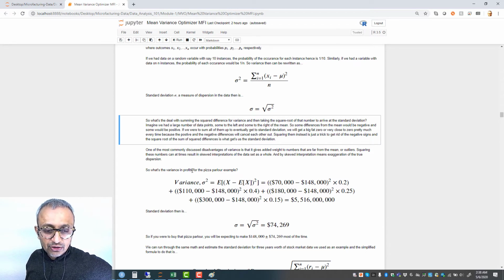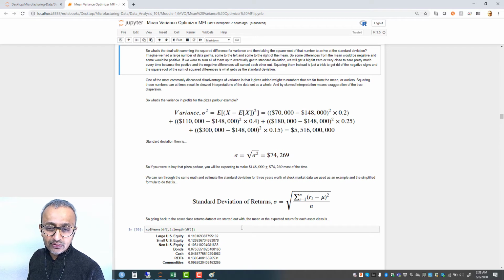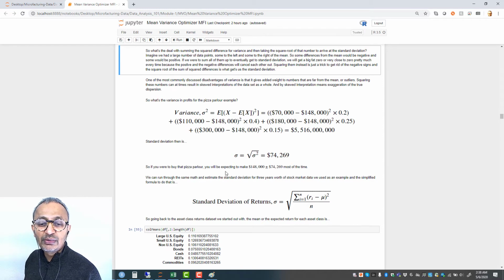So let's go back to that pizza parlor example again. You're going to do exactly what we decided to do, and calculate the standard deviation. When you do the math, the standard deviation happens to be 74,269. So the way to state that data point is that if you were to buy that pizza parlor, you would be expecting to make $148,000 plus or minus $74,000 most of the time.